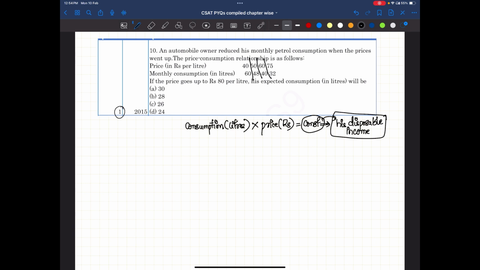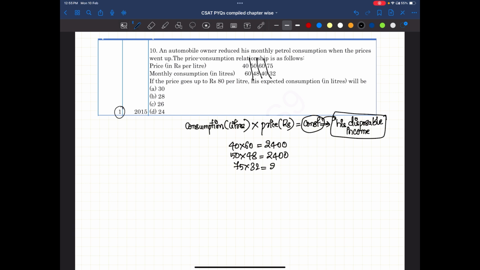See here, 40 is the price of the petrol, and he consumes 60 liters. Why? Because here the price is low, so he got more liters. Now you can see here that 40 into 60 is 2400, and here 50 into 48 is also 2400, and 60 into 40 is also 2400, vice versa, and 75 into 32.